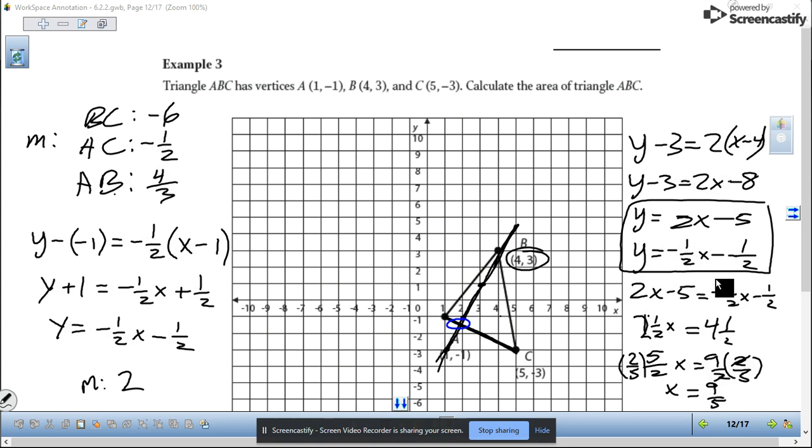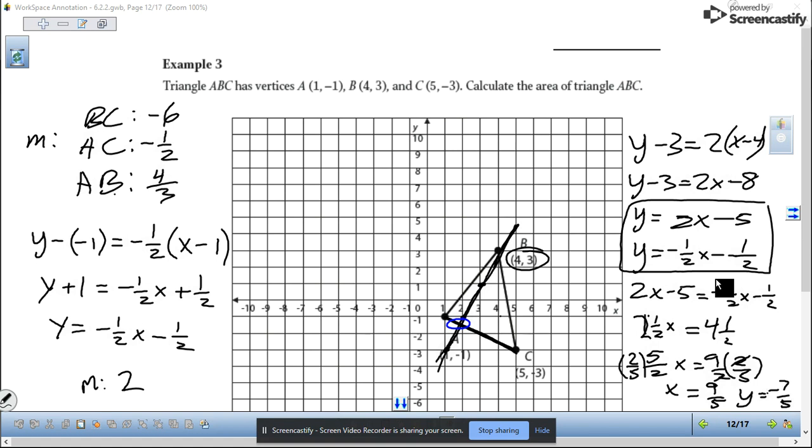Now, why is that beneficial? How does that help me? Because I now know this point where we intersect. I can now find the distance between those, because I can find my y value to go with this. So if I plug it back into my equation, 2 times 9/5 minus 5, I get a y value of -7/5.